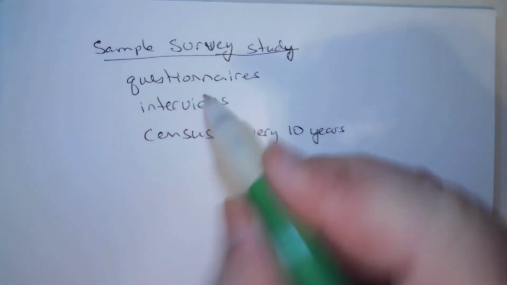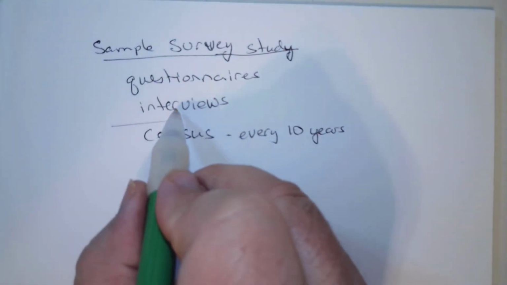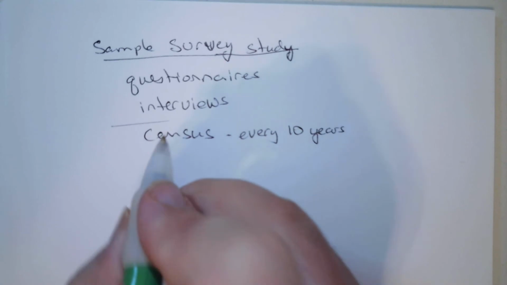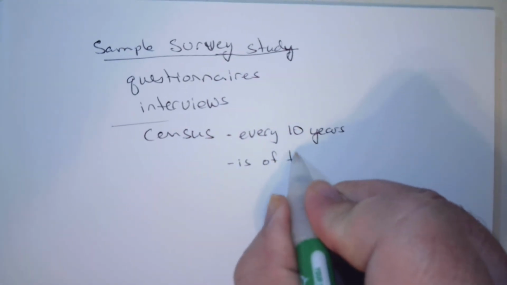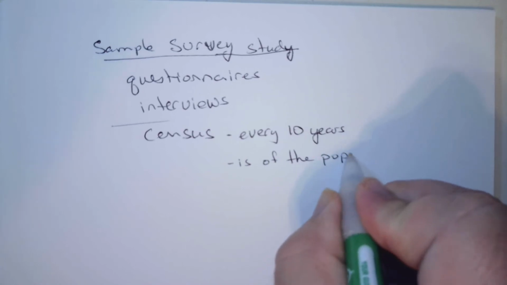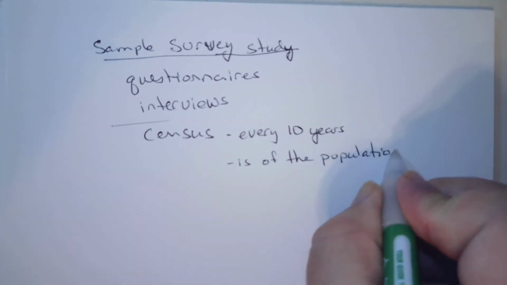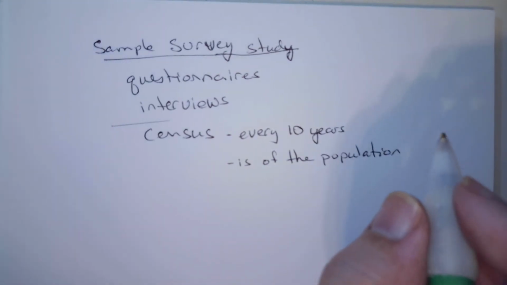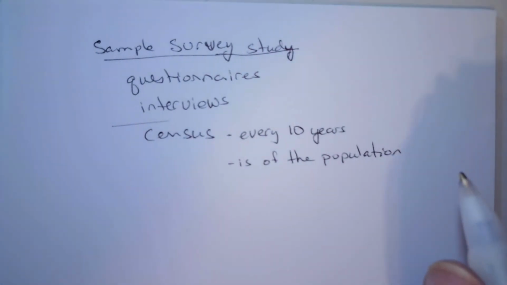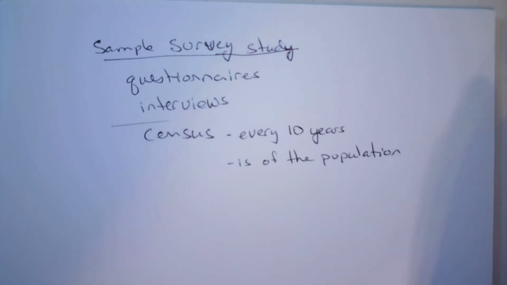Now, the difference between questionnaires and interviews versus census. Census is of the population. The government does that every 10 years by law, just to see how many people are in which area, so it can better determine how much money goes to each area.